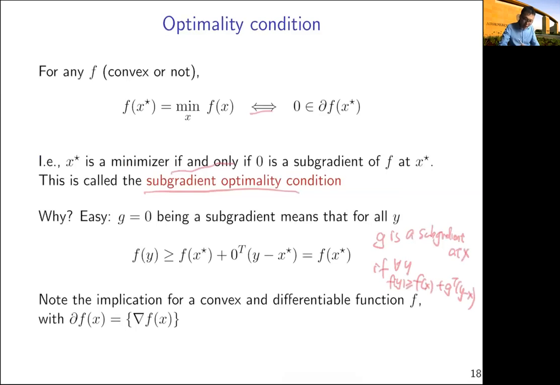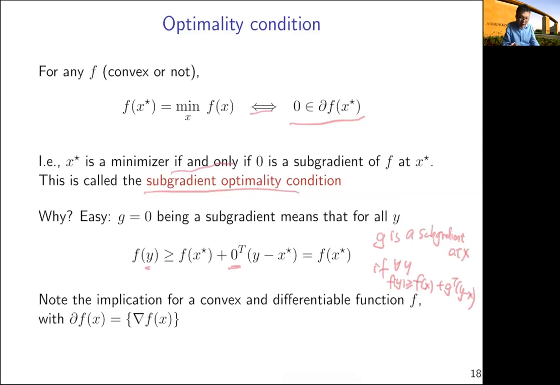But if 0 is inside the subdifferential, then we can substitute g to be 0. Once we do that, this says that for any y, f of y is larger than or equal to f of x star. That gives us the exact definition of x star being optimal.